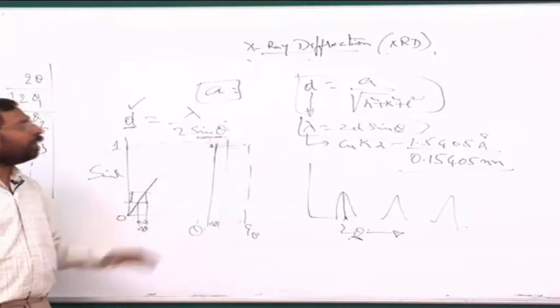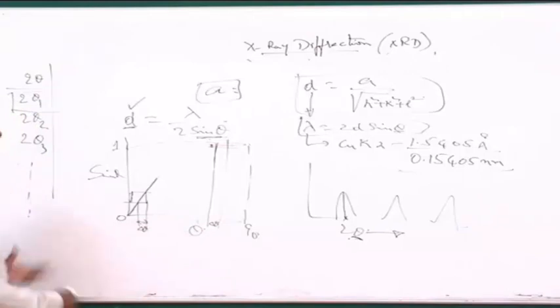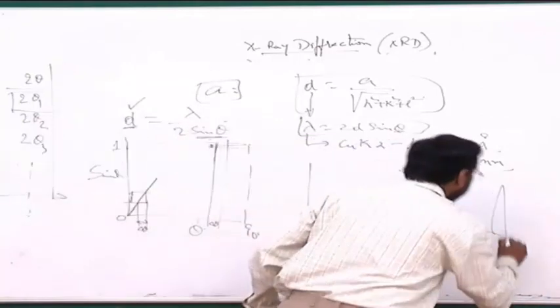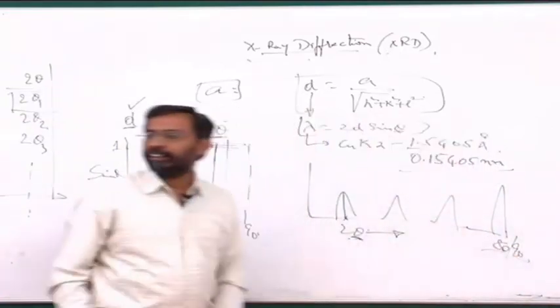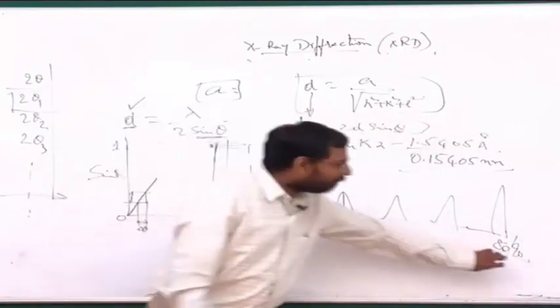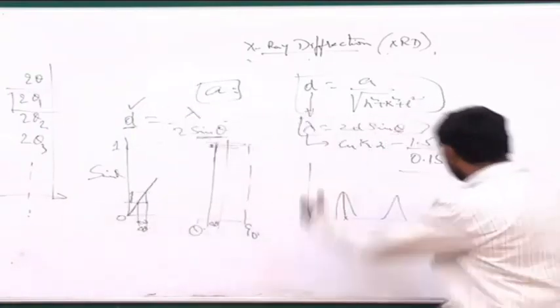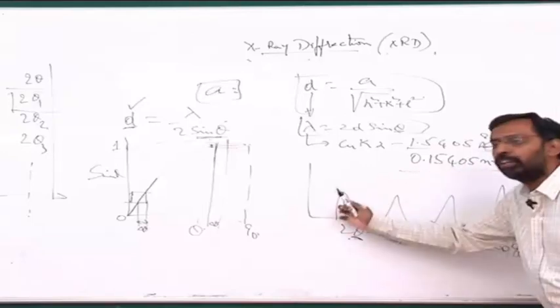So in principle, if somebody asks you to find out the lattice parameter, you should actually use the theta of a peak which is at a larger angle, something closer to 80 degrees or 90 degrees. I can find out the theta for that particular peak, which may be a 220 peak or a 311 peak or some such peak, a high angle peak rather than a low angle peak.